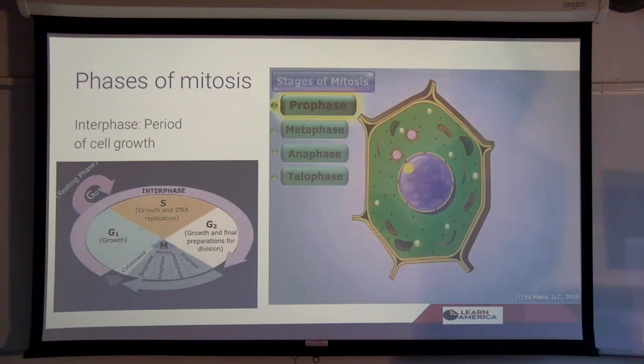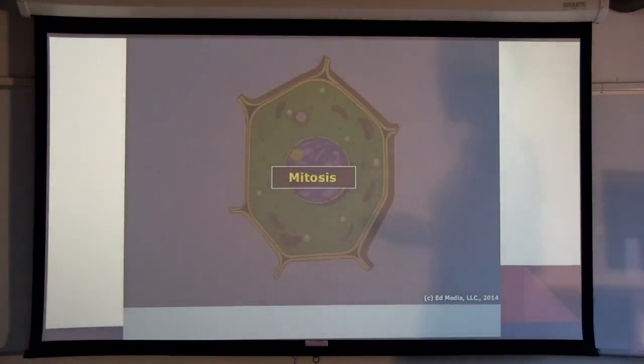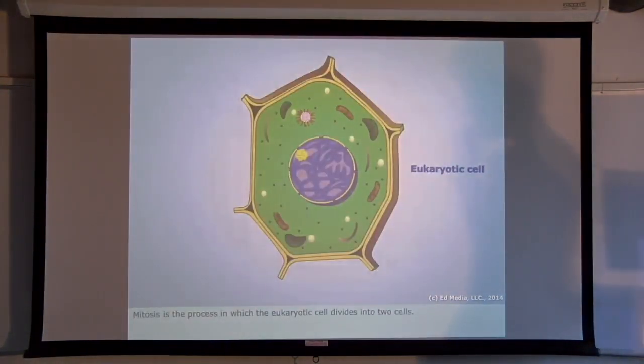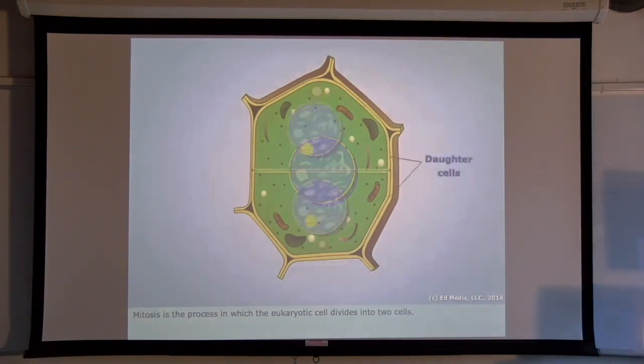The active part of mitosis is prophase, metaphase, anaphase, and telophase. I haven't seen questions on the phases themselves in years, but you need to understand what's happening overall in the process. What's the result of the process? So let's take a minute and look it over. Mitosis is the process in which a eukaryotic cell divides into two cells.